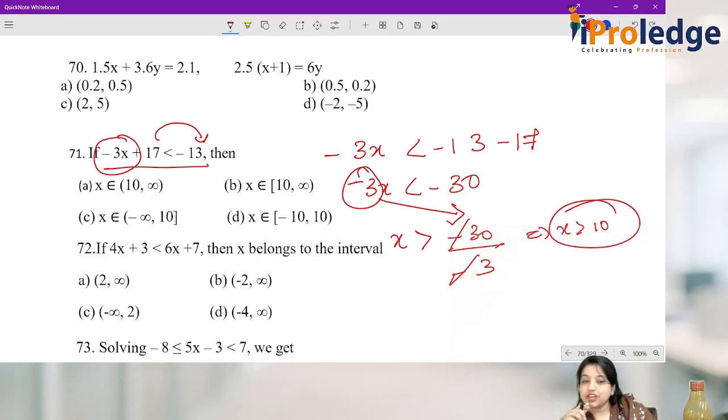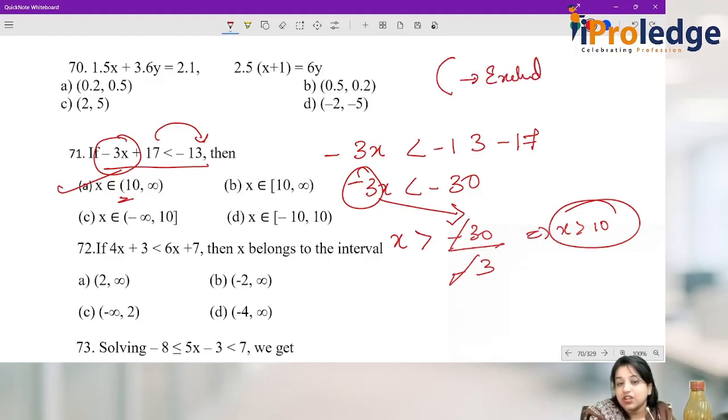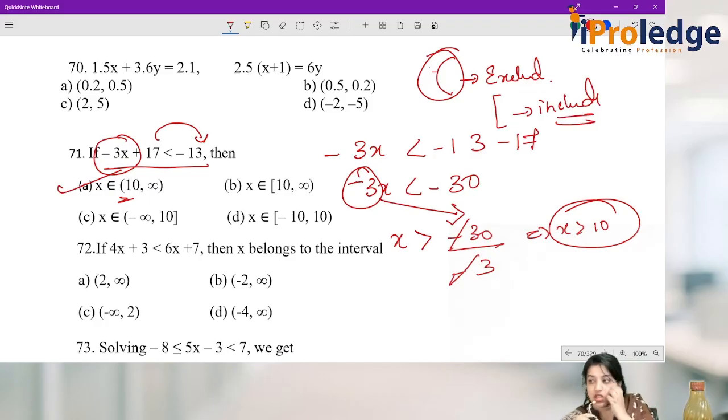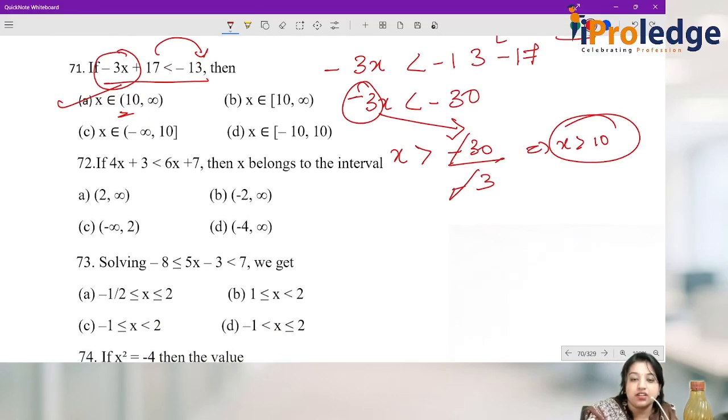What about 10? Included or excluded? Should we include the number 10 or exclude it? So this is an exclude bracket. If the bracket looks like this, exclude. For infinity it will be like this. Infinity is excluded. If the bracket looks like this, include. Okay? So keep the second one as it is.